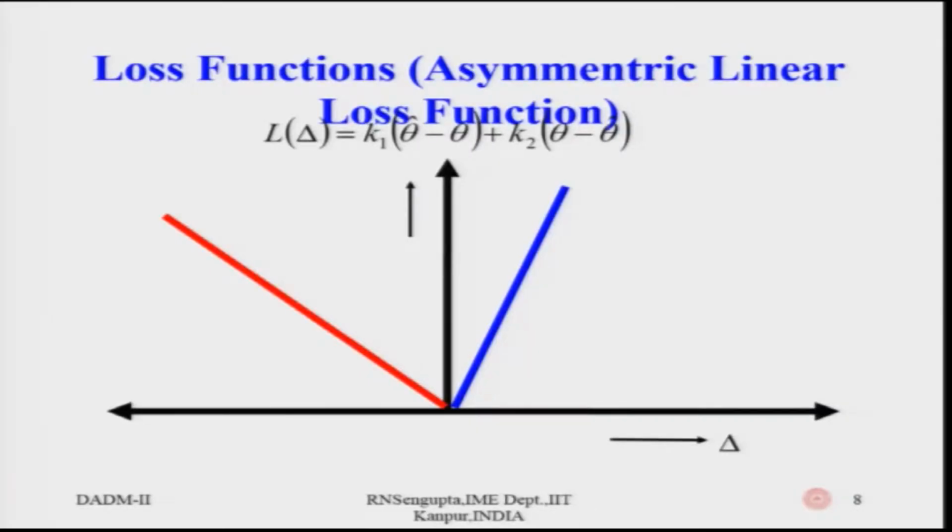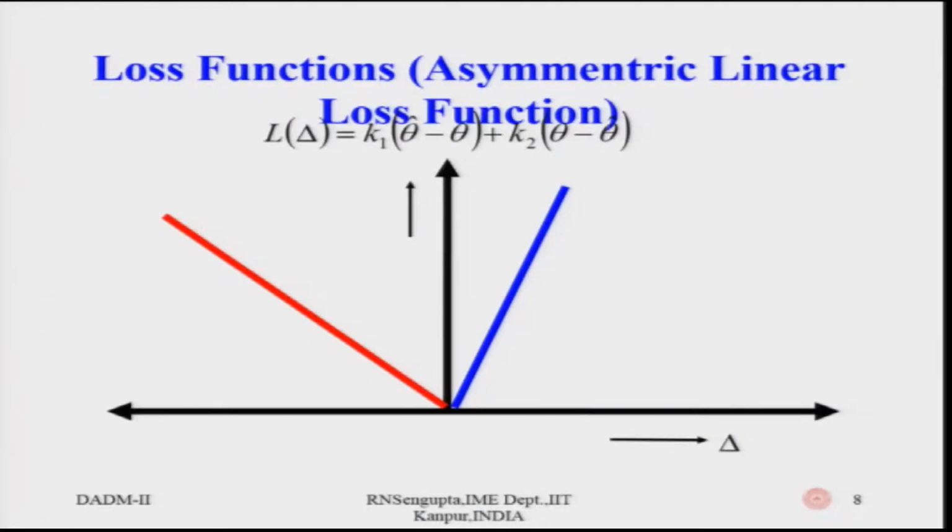Now, consider this. The loss function I just discussed was the mod loss function, which is a linear loss function. Now, consider the positive part is weighted by a factor which can be more than 1 or less than 1.